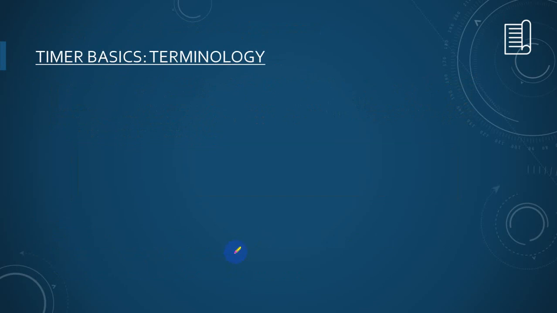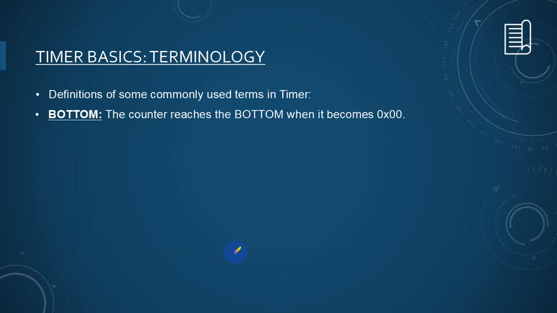Now we will go through some basic terminology relevant to the timer, definitions of some commonly used terms. One term is called bottom. The counter reaches the bottom when it becomes 0. Look at over here, this 0x tells that the value you write here is in hex.